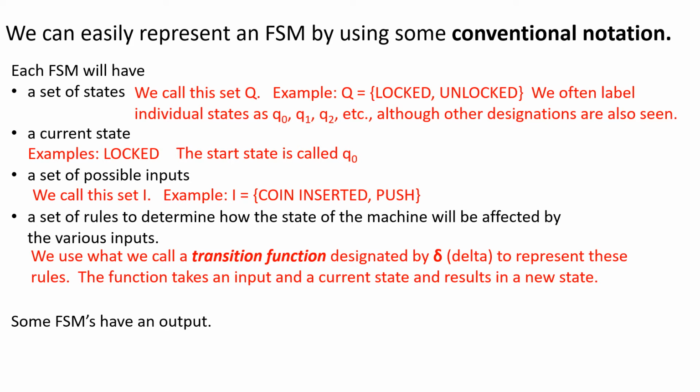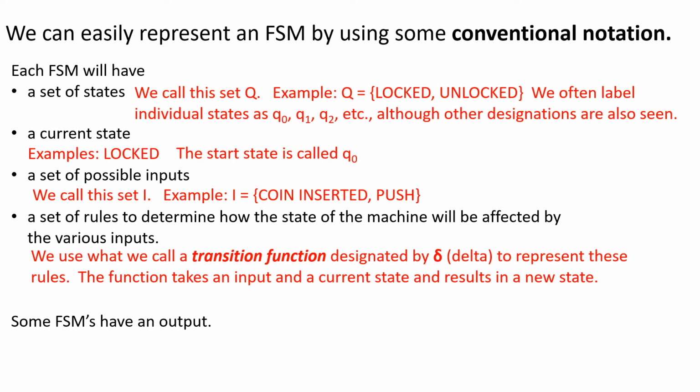Just like we used I and Q above, we designate our transition function by the Greek letter delta. When you see that, you'll realize we're talking about a transition function, representing those rules.